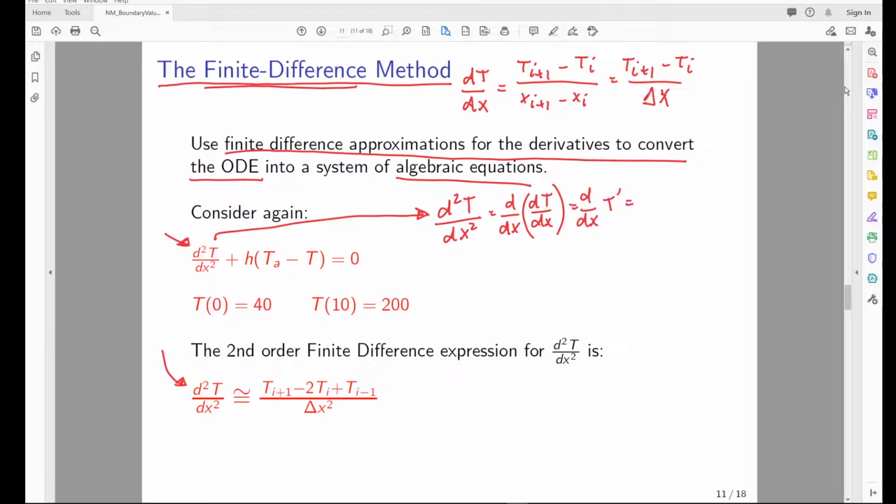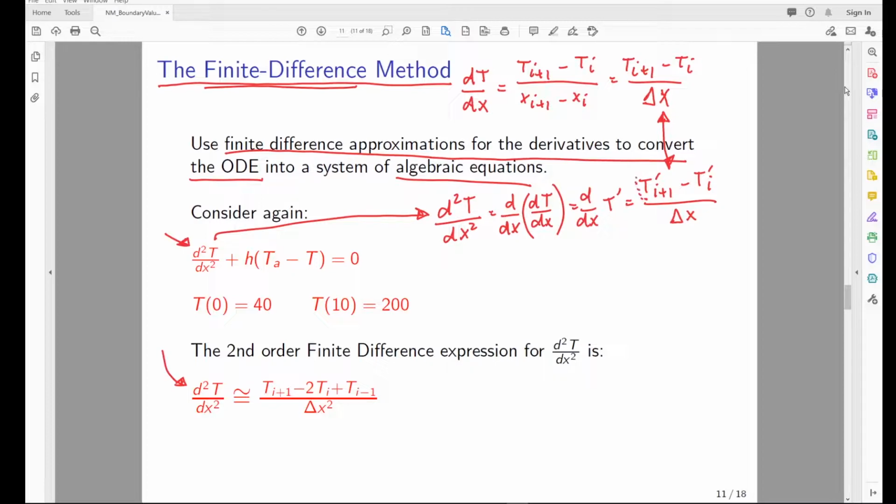So if that's the case, then we can come over here and we just say, well, this is going to be T prime_{i+1} minus T prime_i all over, well, same thing, delta x, or x_{i+1}. So you should be able to see the difference, or rather the very few differences, between this one right here and this one right here.